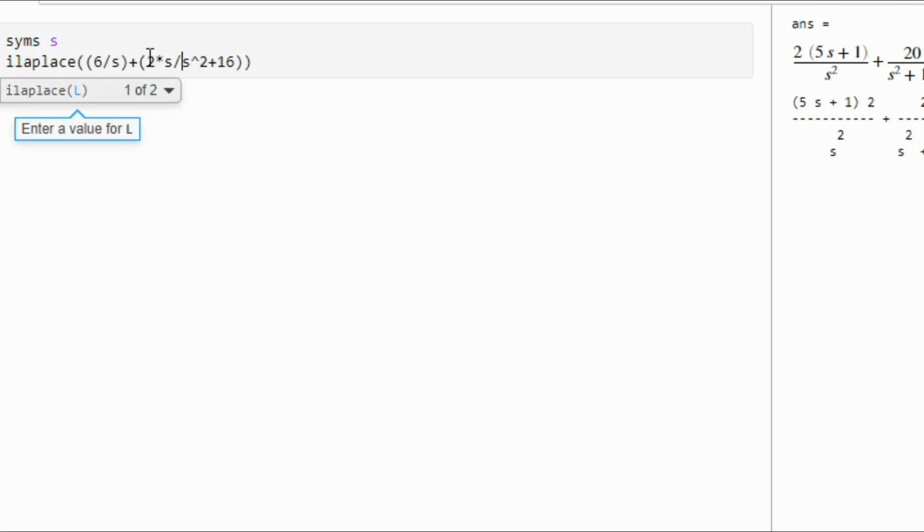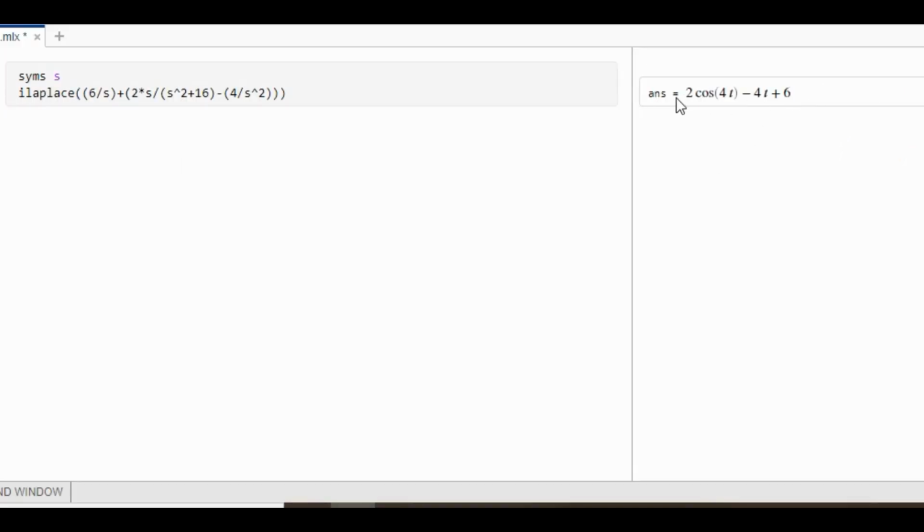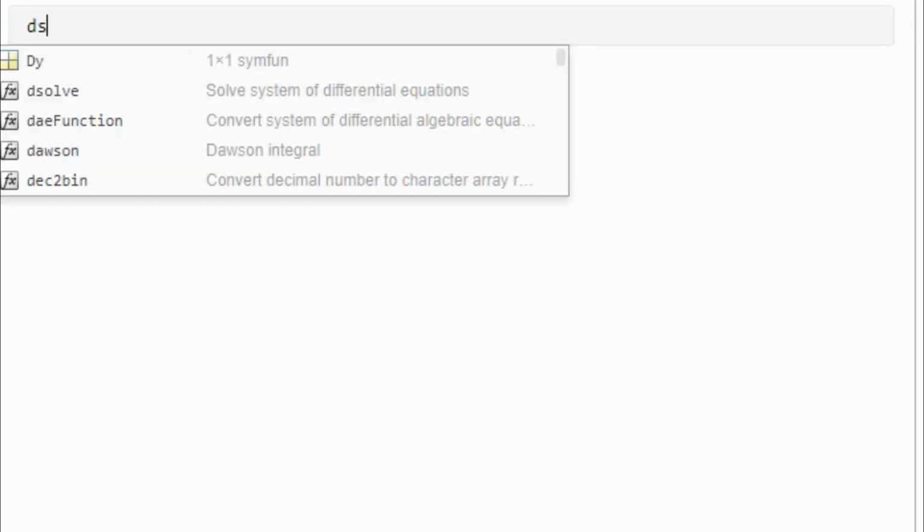So this should be written inside the parenthesis. Now the remaining part of this question is written inside the parenthesis. So this is your answer after typing it.